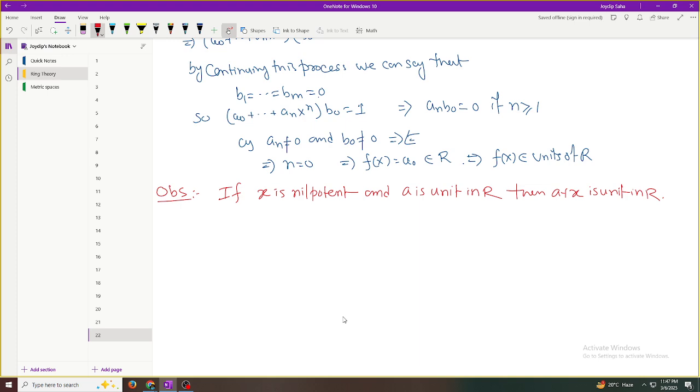x nilpotent and a is a unit, then a plus x is a unit. How to prove it?